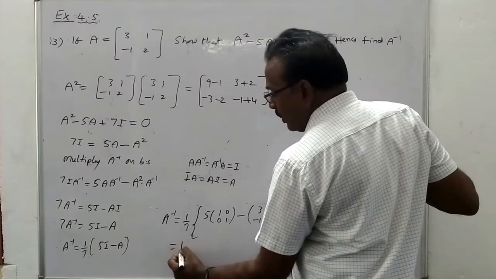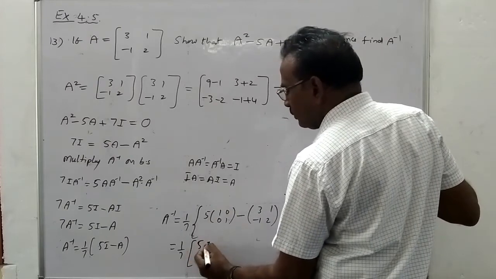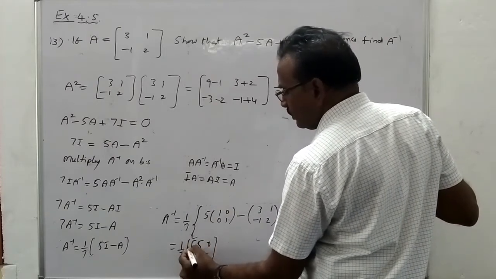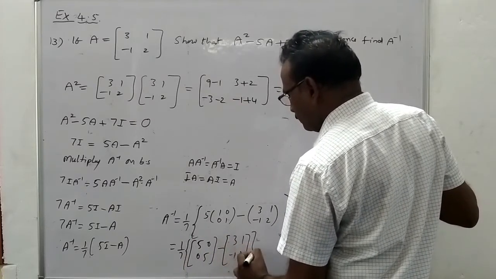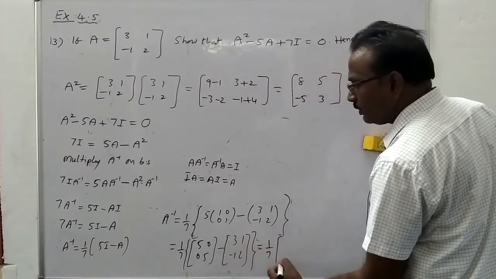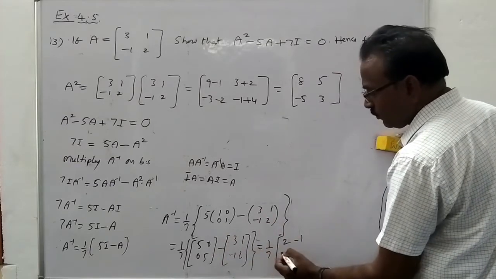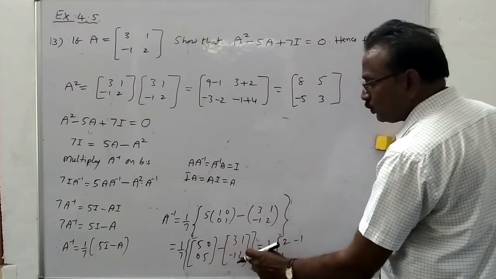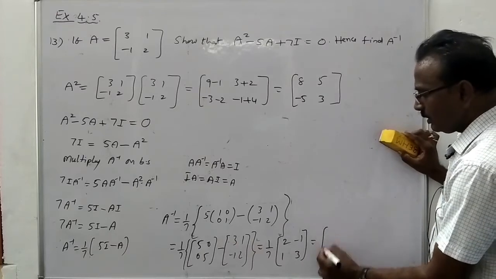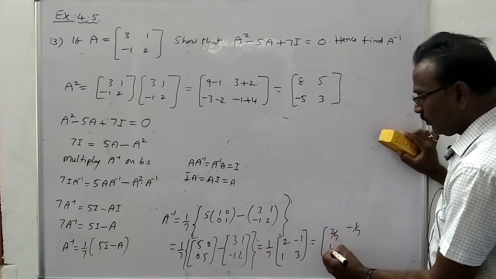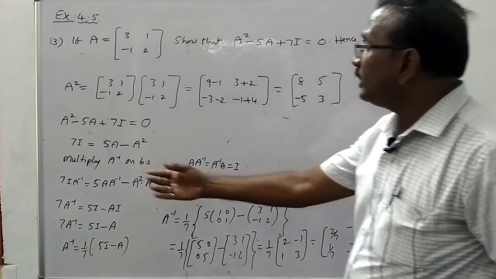That is 1 by 7 into [5 0; 0 5] minus [3 1; minus 1 2], that is 1 by 7 into [5 minus 3, 0 minus 1; 0 plus 1, 5 minus 2], that is [2 minus 1; 1 3]. Multiply every element by 1 by 7, so that is [2 by 7, minus 1 by 7; 1 by 7, 3 by 7]. So this is the A inverse using this equation.